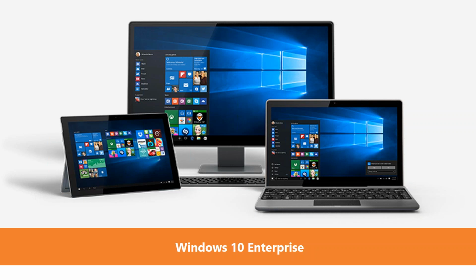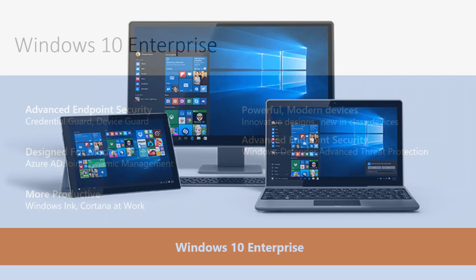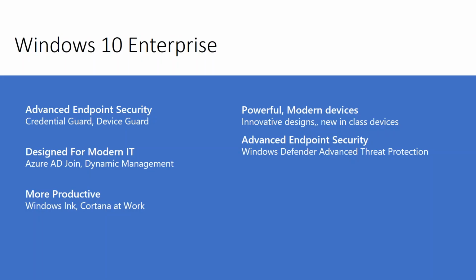So people are looking at Windows 10. If you're not, then you should be. It's not long before extended support runs out for Windows 7. And we need to now understand what Windows 10 Enterprise gives our users.